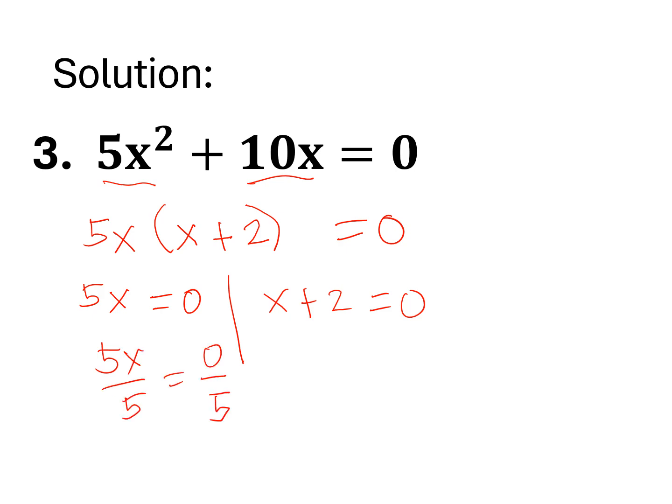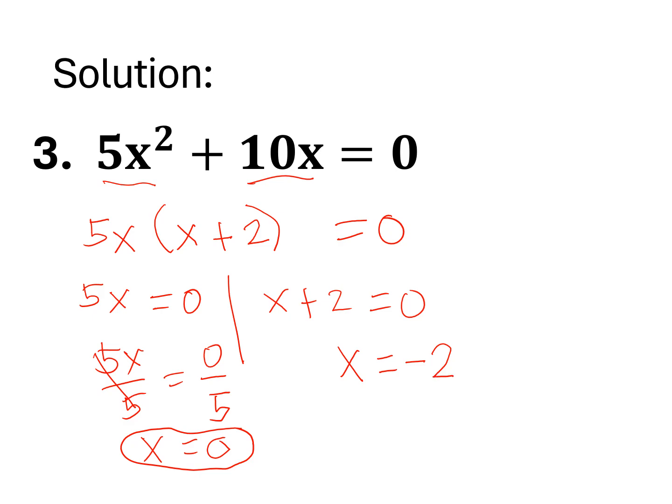Okay. So, x is equal to 0 divided by 5. So that is equal to 0. Very good. Then the other equation, let's solve. So x equals, transfer positive 2 to the right side. So this becomes negative 2.